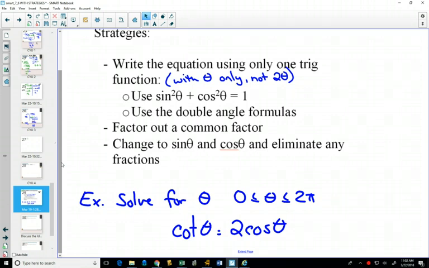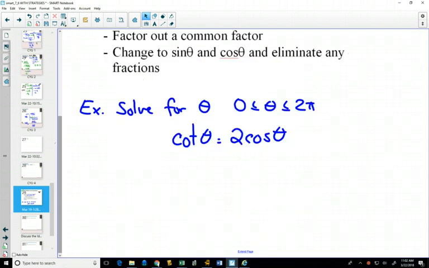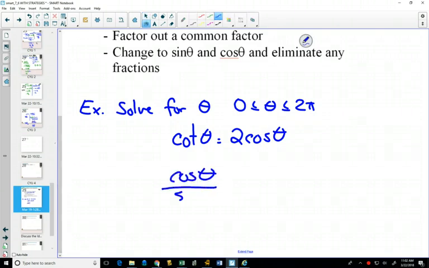Secondly, the thing that you might do is change things to sine and cos. If I do that, cotangent is cos theta over sine theta, which is equal to 2 cos theta. When you change to sine and cos, you eliminate any fractions, and we have a fraction right now: cos theta divided by sine theta.